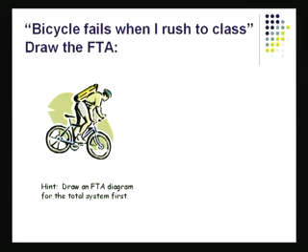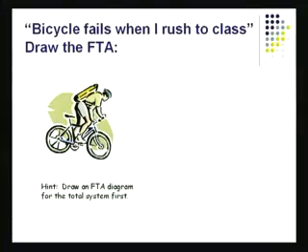What I'd like to suggest is that you take a look at your bicycle and try to draw an FTA diagram using that. This is an exercise you should try to complete before you move on to the next class. So please think of the bicycle and try to construct your FTA from it. For some reason, I wanted to rush to the class, but I couldn't because my bicycle stopped functioning.